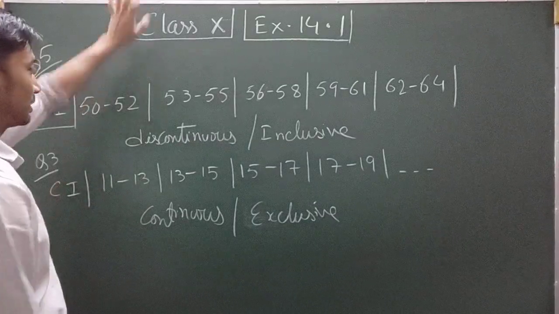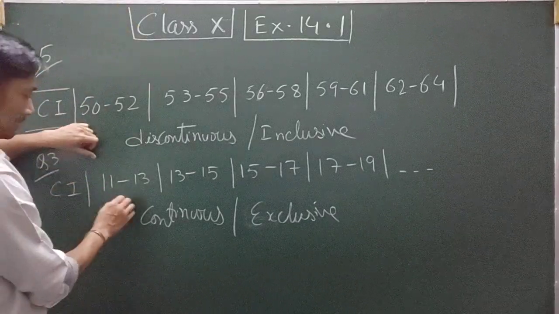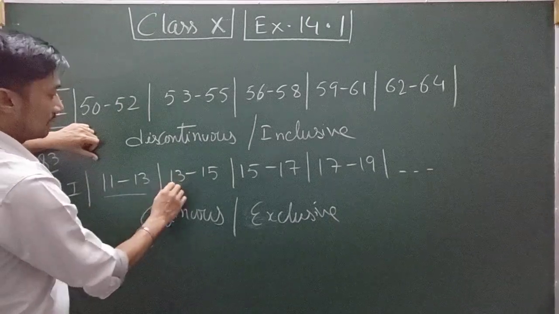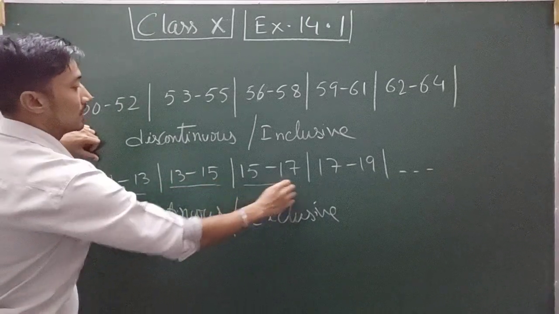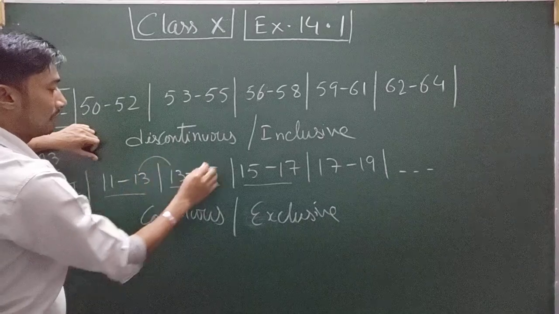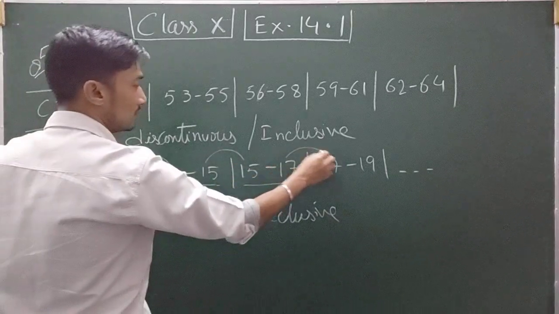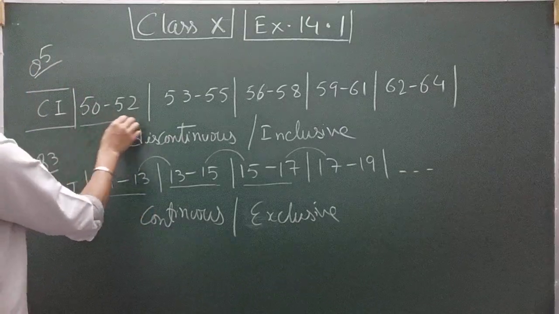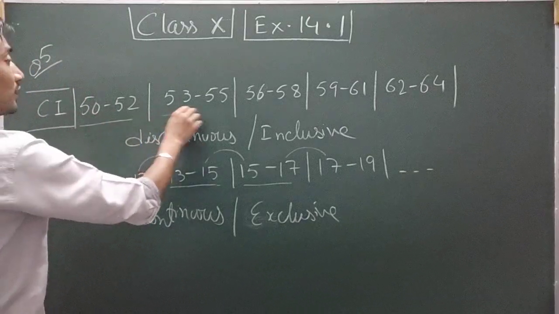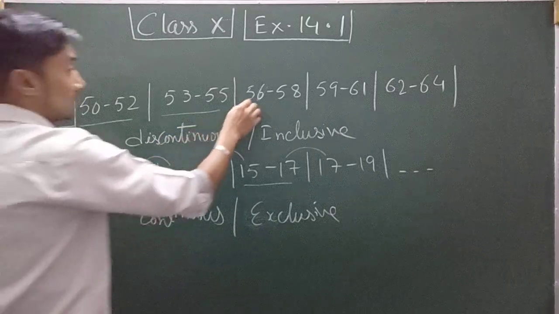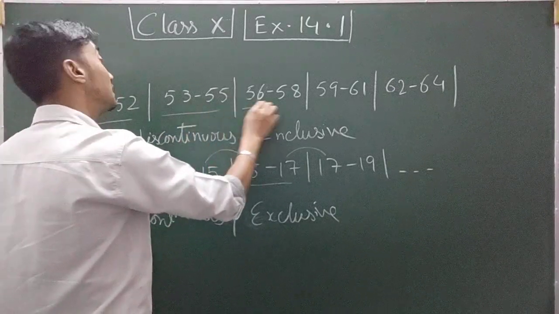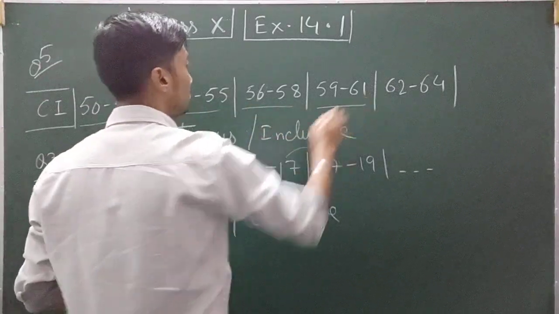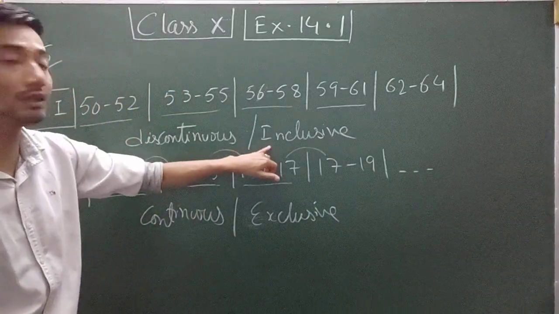Because if you look at this question: 11 to 13, then 13 to 15, 15 to 17, so 13 comes again, 15 again, 17 again, and so on. Whereas here it's 50 to 52, next 53, not continuous, next 56 to 58, next 59 to 61. That's why they are called inclusive.